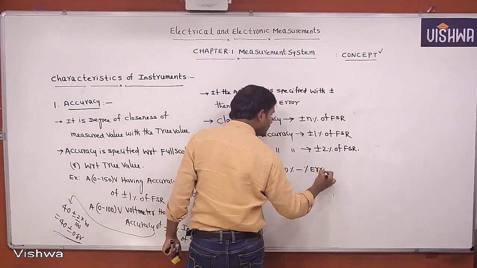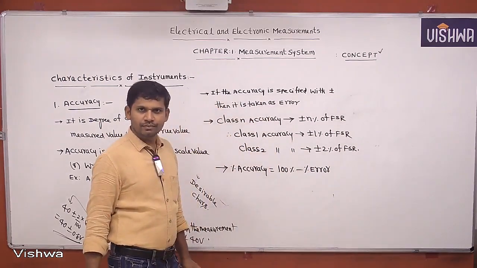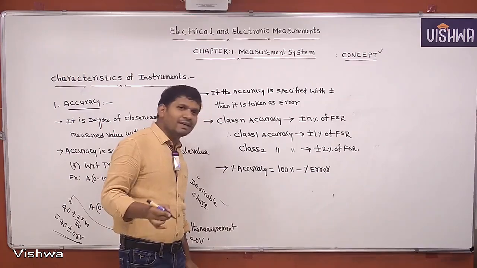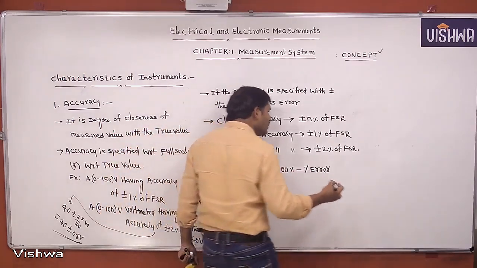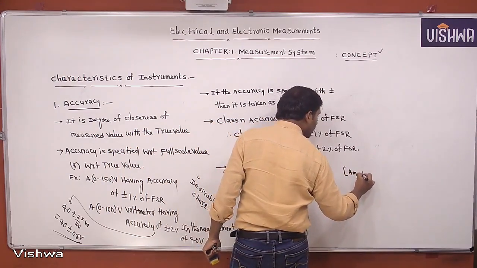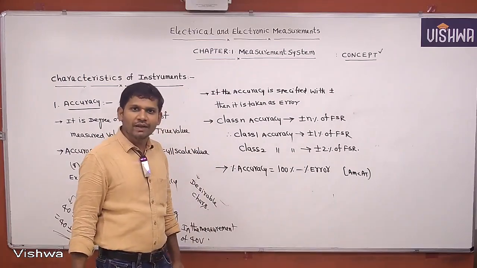This directly gives the percentage accuracy. Percentage accuracy equals 100% minus percentage error, and this is with the assumption of measured value less than the true value.